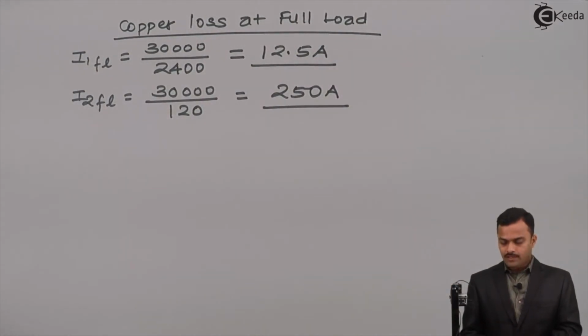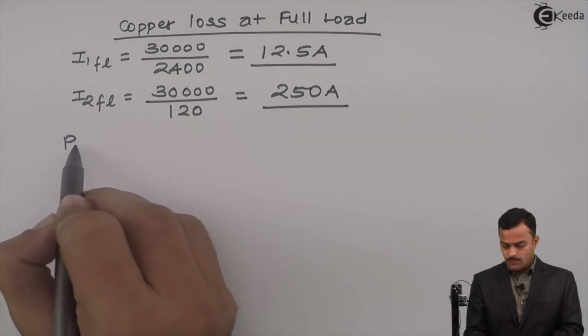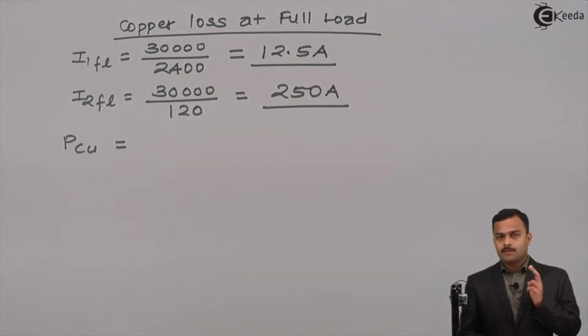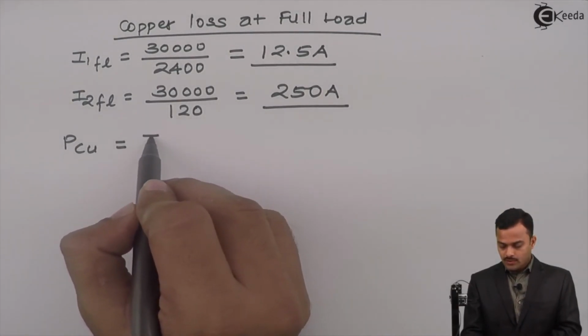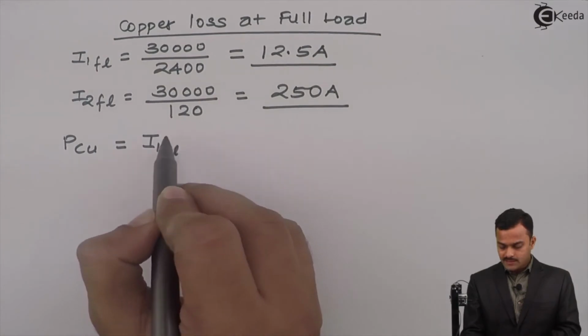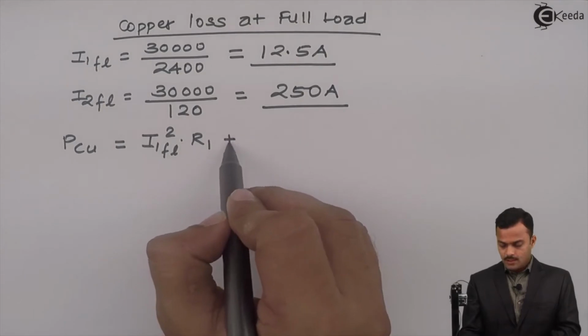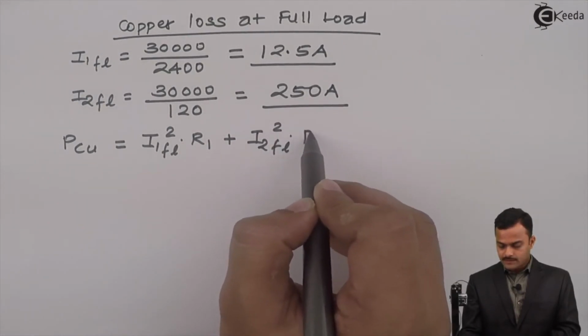Now I know I1FL and I2FL. I can get total copper loss or copper loss at full load equal to, here there are two windings, primary as well as secondary, hence loss because of primary side resistance will be like this and loss because of secondary side resistor will be like this.